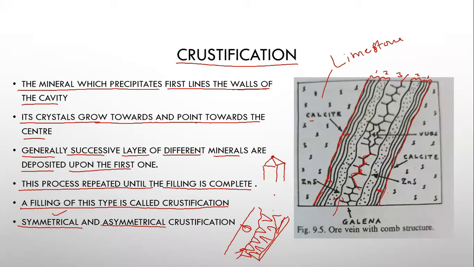There are some terms you should remember. Here there is a term called vugs, V-U-G-S. What are vugs? Crystallization occurs in this particular vein, and sometimes the liquid runs out after precipitation or solidification, and there is no liquid left to crystallize in that place.